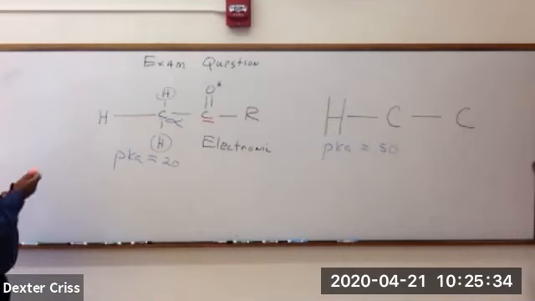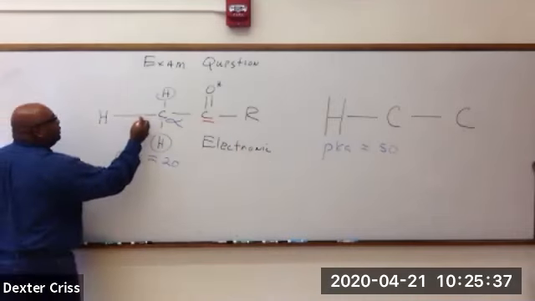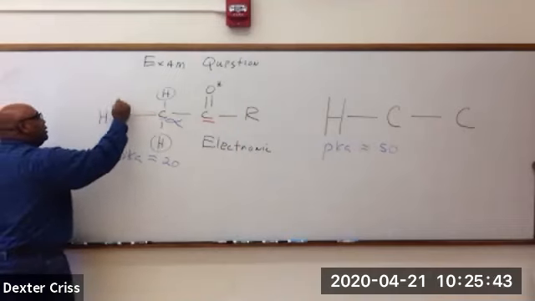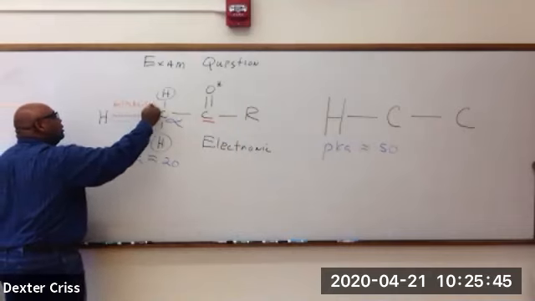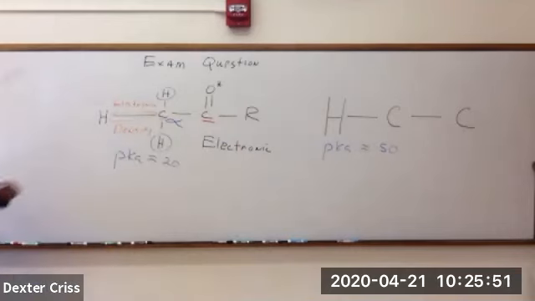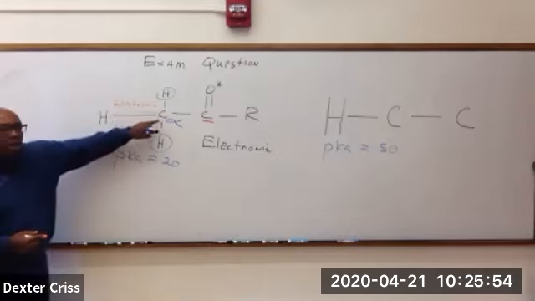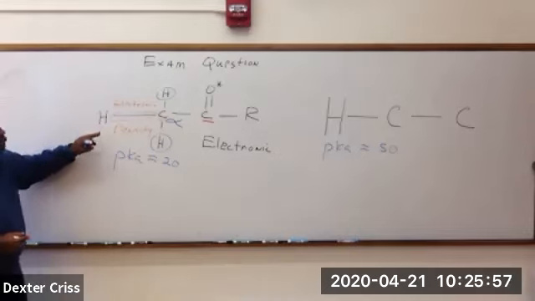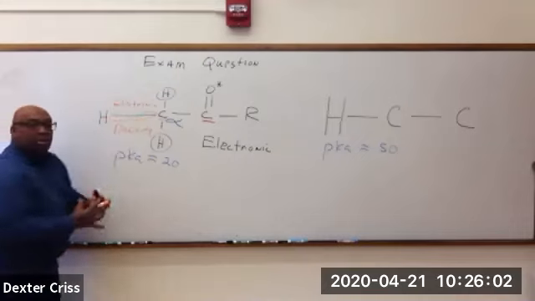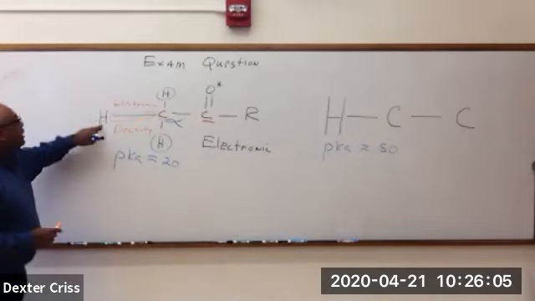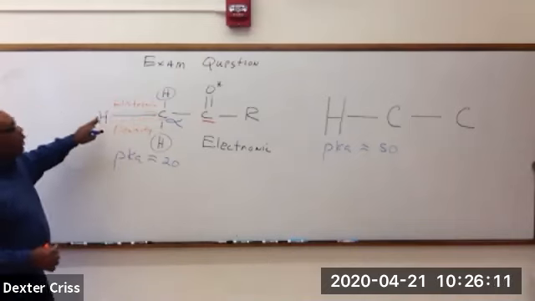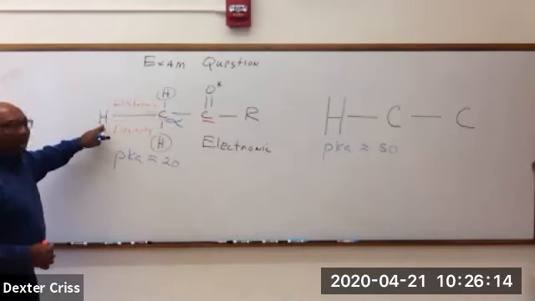The way acidity works is we're talking about the electronic density between hydrogen and carbon. I'm just picking that out, okay? The more electronic density you have, the stronger this bond is. The stronger that bond, the less acidic it is.